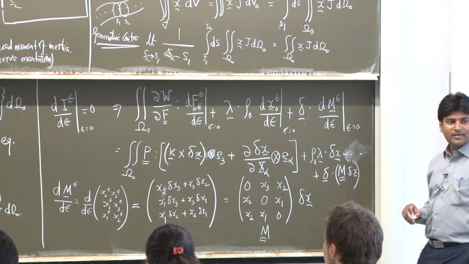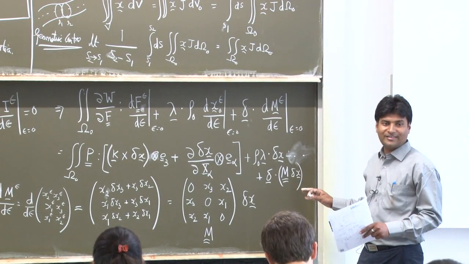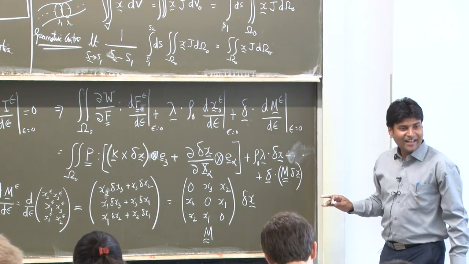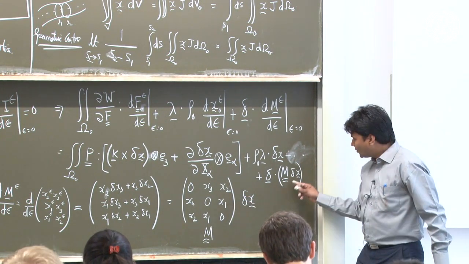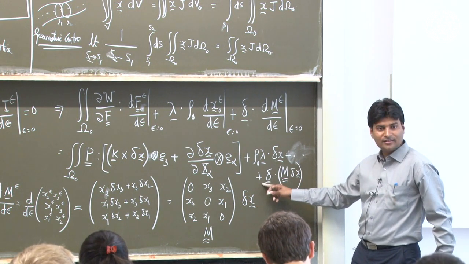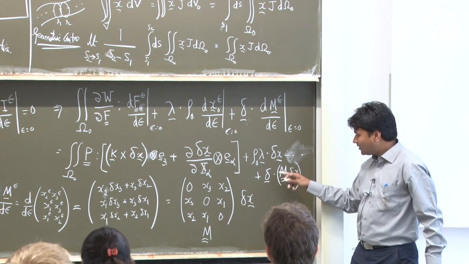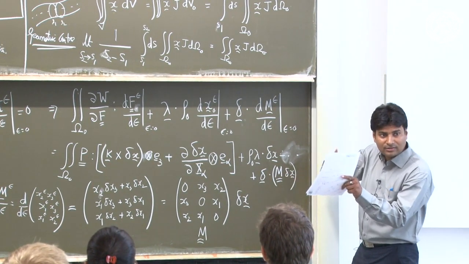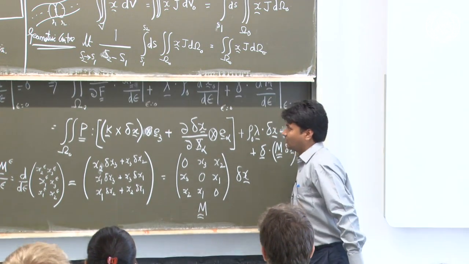Okay, you just have to do some algebra. There's nothing really here, isn't it? And you see, this M is symmetric, so you can bring it on the other side, and then it becomes M times delta dot del x, because you want to keep del x separately, right? So let's do that.